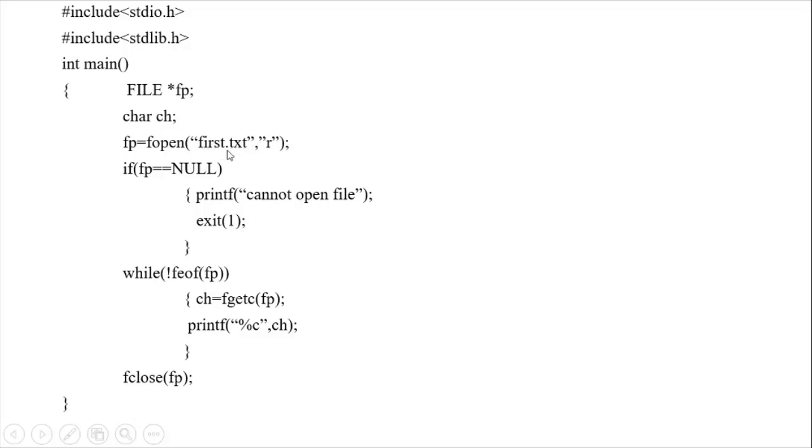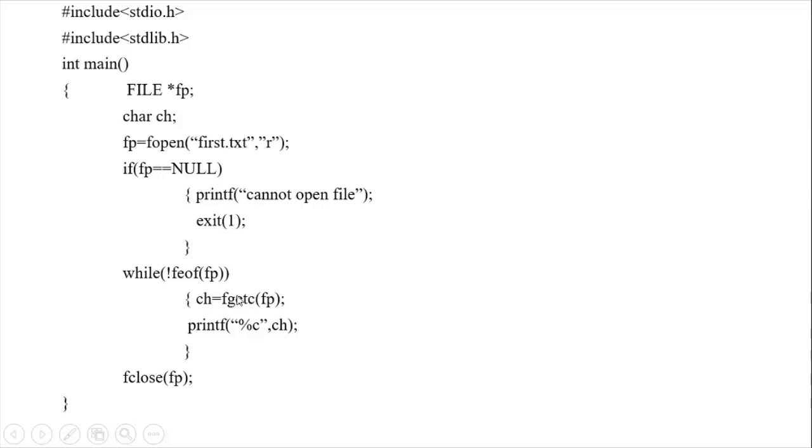If we could open the first.txt file in read mode, then the control goes to this while loop. Inside this while loop there are two statements. The first line is ch is equal to fgetc of fp.